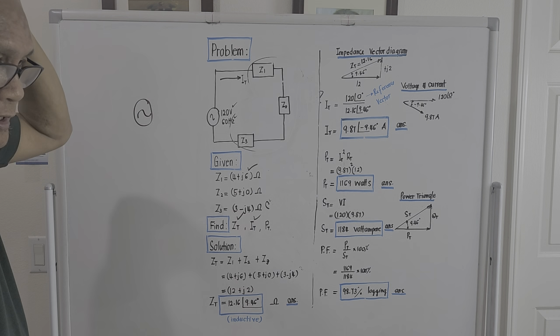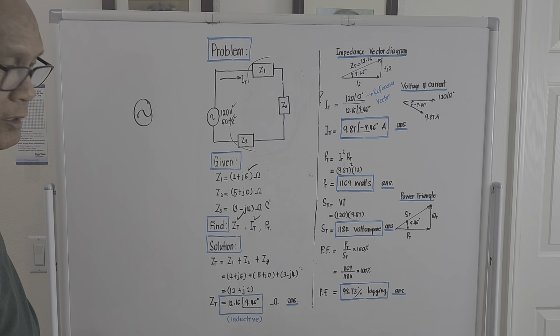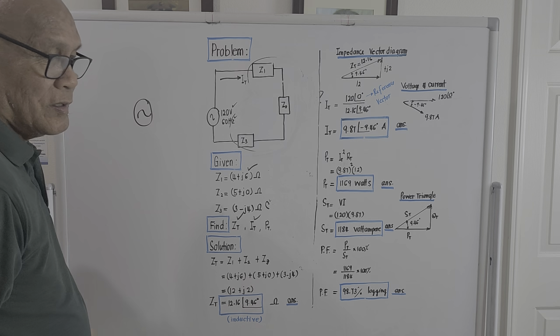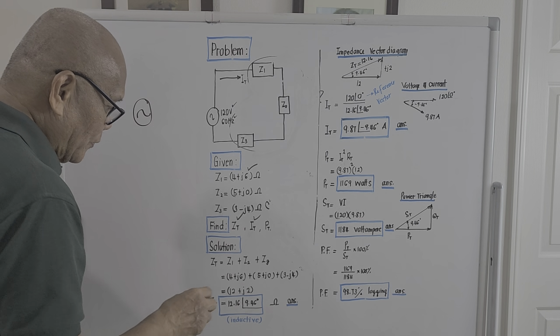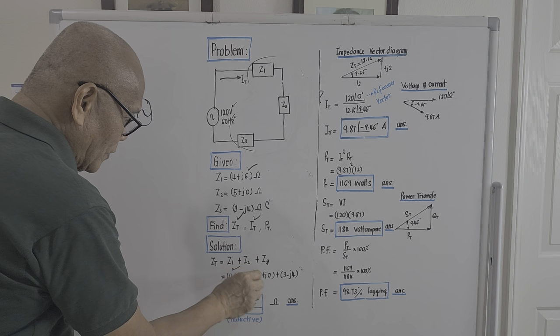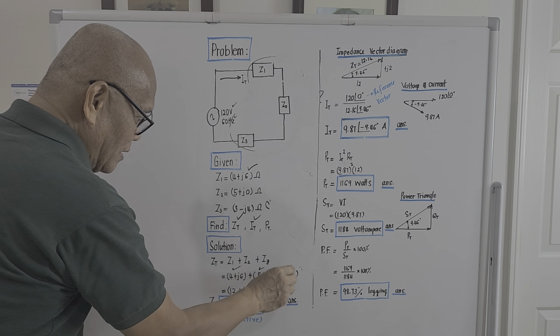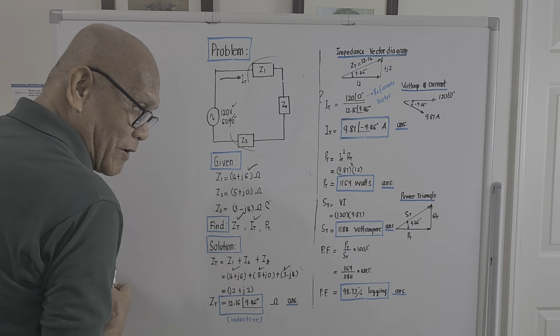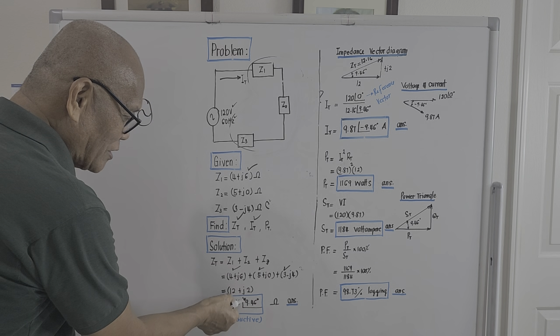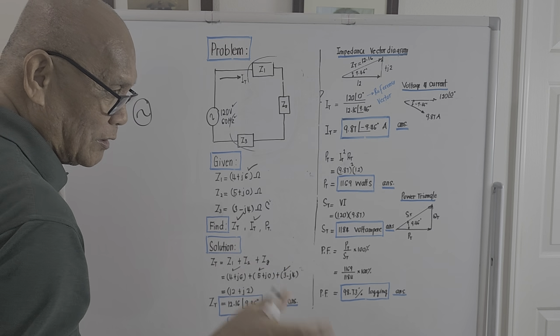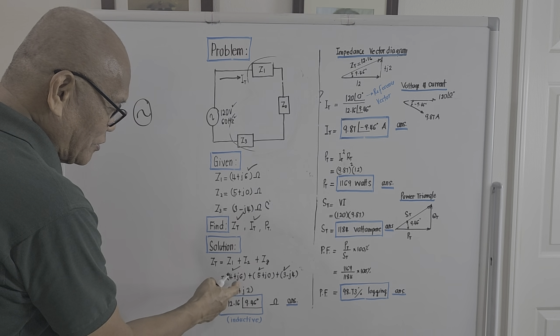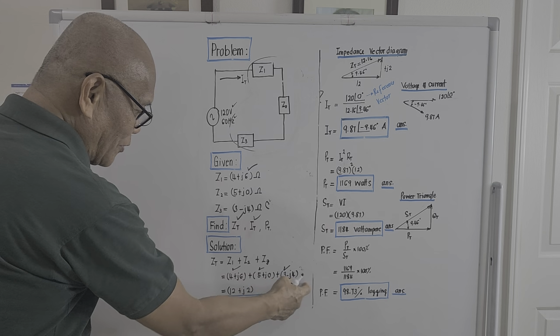Like in the study of AC circuit, if we try to add this, we will just add the real part first. So 4 plus 5 plus 3, those are all real parts, right? The total sum is 12. For the imaginary part, all the values with the j sign, this is plus j6 plus j0 minus j4.